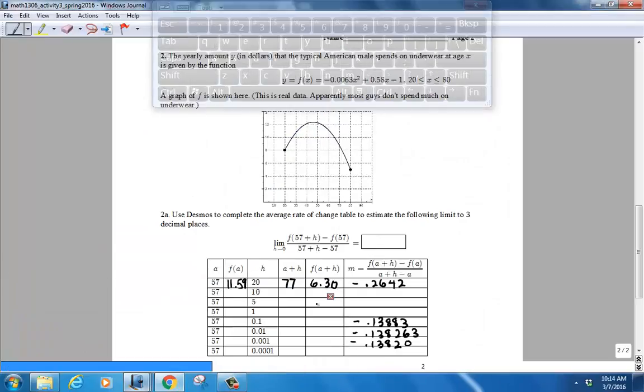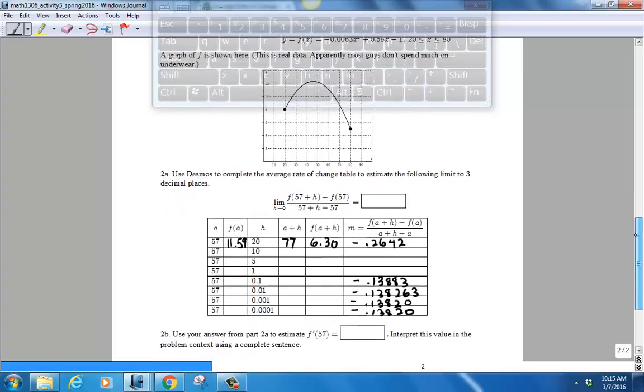So in the 5th row of that table, you could have put minus 0.13820. Changing that increment from 0.001 down to 0.0001 didn't even change 5 decimal places of the slope of that secant line. So I think it's pretty obvious, at least to 3 decimal places, even to 4 decimal places.